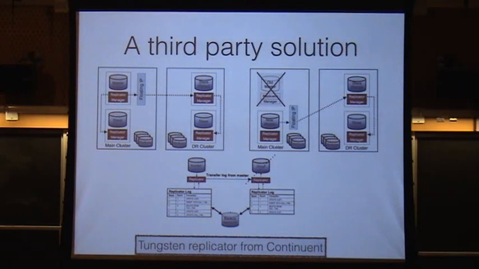So the slave keeps receiving the binary log with the existing protocol. There is no need to change the protocol. Maybe it's too naive, but this is the way I would do it if I had to, if I was really desperate and I wanted to do that.